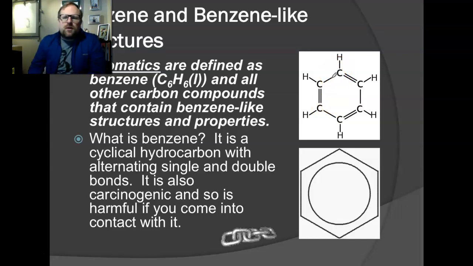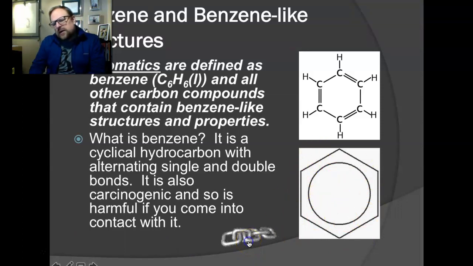For example, this double bond may move to here, then the single bond moves here, this double bond moves there, and so on. Those bonds are ephemeral. They shift within the molecule, hence the circle that represents that shifting of the bonds as time goes by.